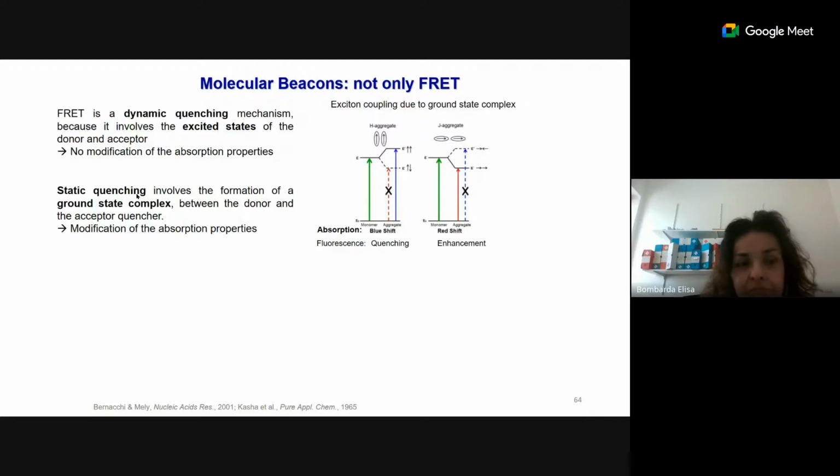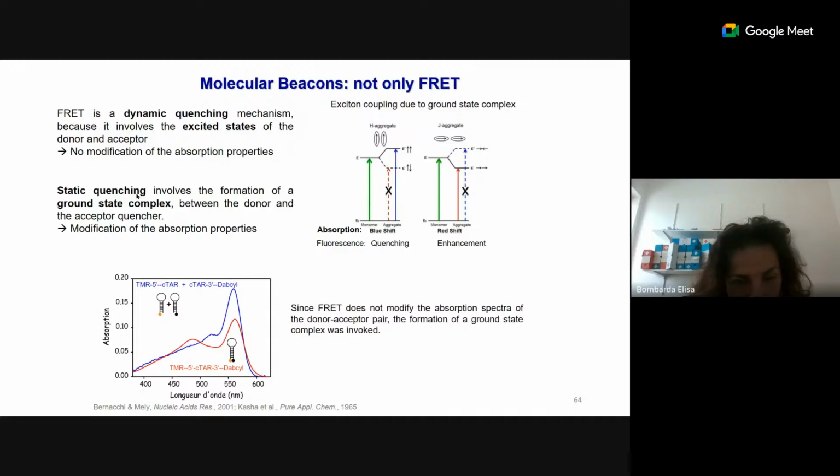And that has a modification of the absorption properties. And this was also actually observed in some structure like this.